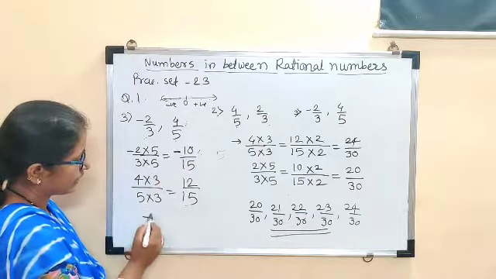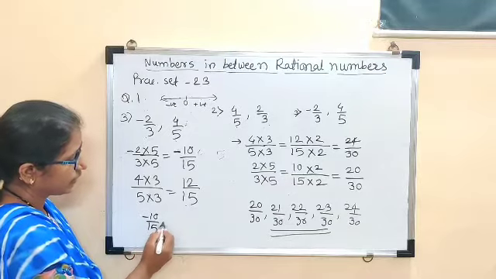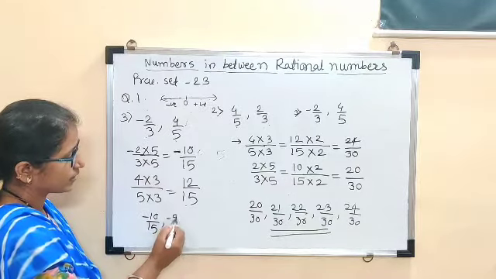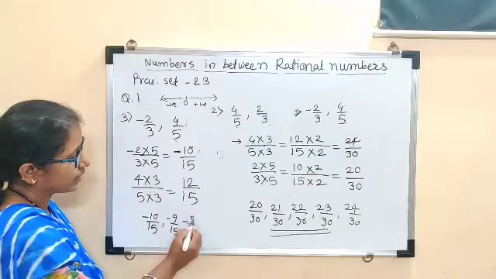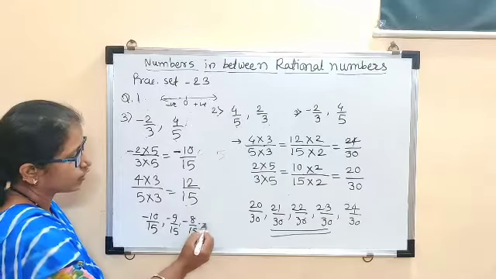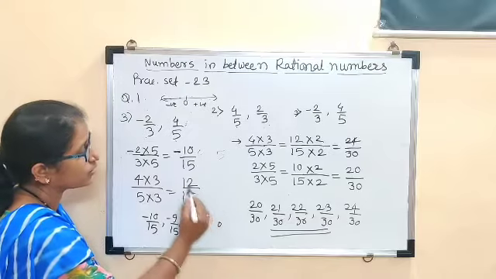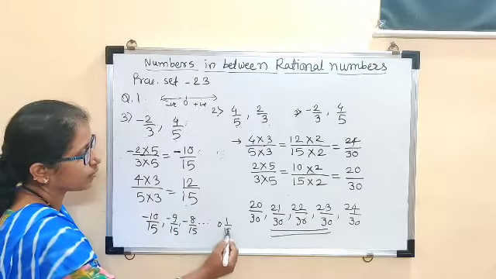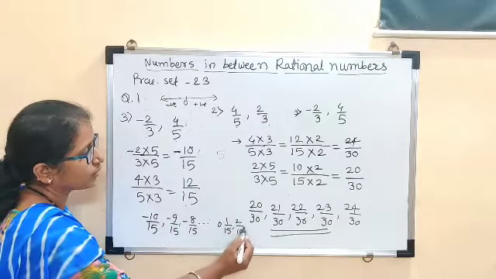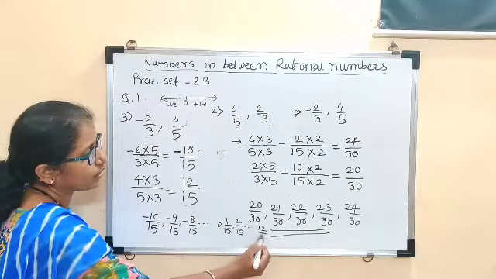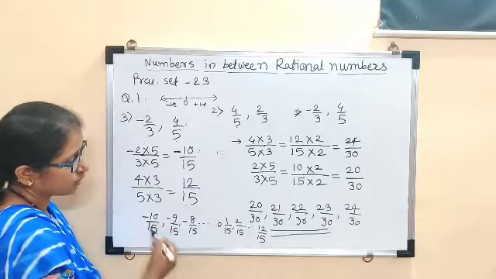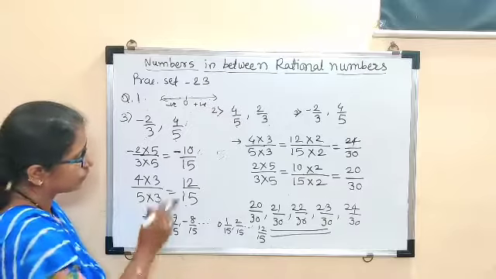Because see, after minus 10 upon 15, what comes? Minus 9 upon 15, minus 8 upon 15, then dot dot dot till 7, 6, 5, then 0 comes, and then again 1 upon 15, 2 upon 15, till 12 upon 15. So there are many rational numbers between these two.